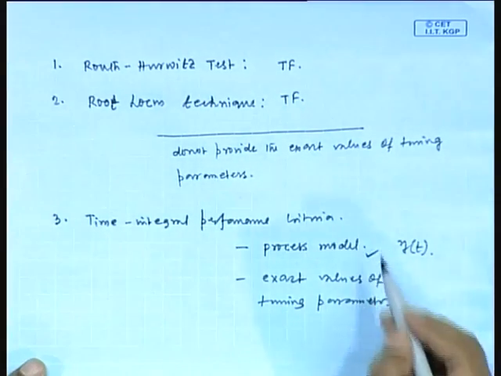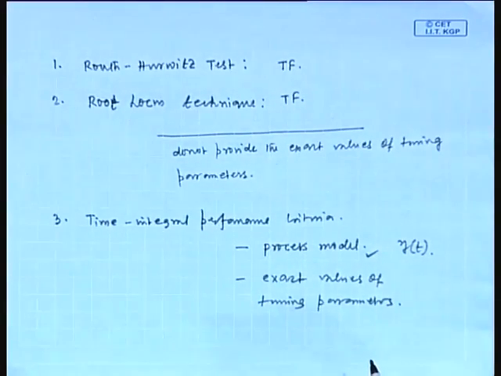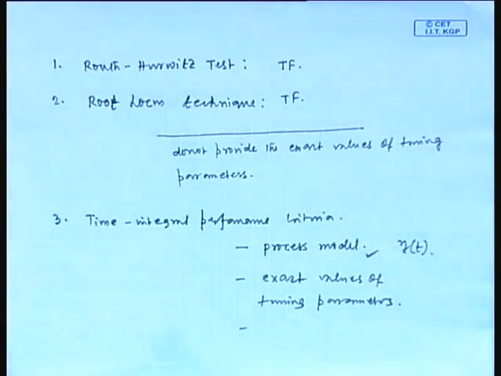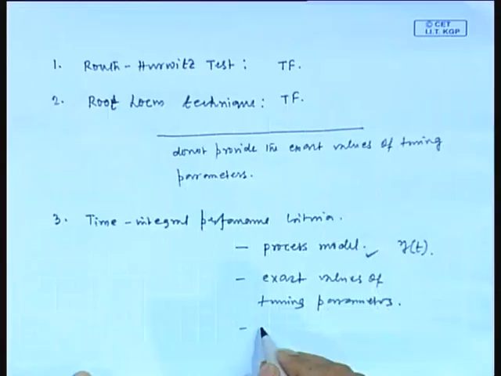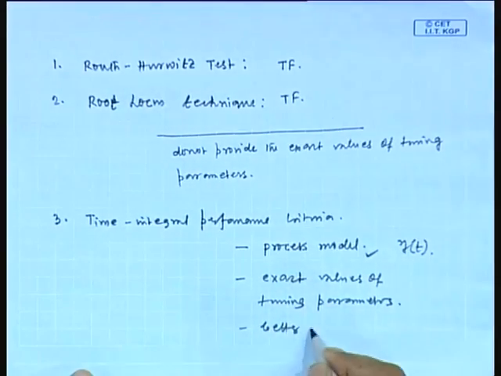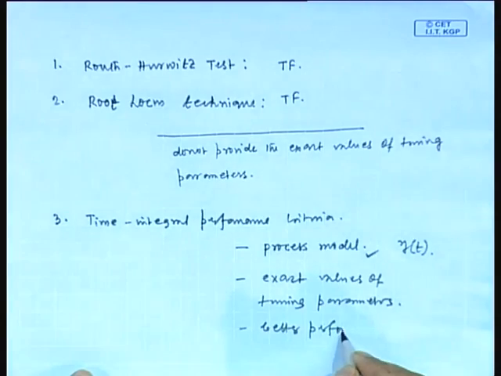Now, based on this first point, we can say that it can provide better performance by using a more accurate model. The time integral performance criteria involves the process model. If we give a more accurate model, we will get better performance.